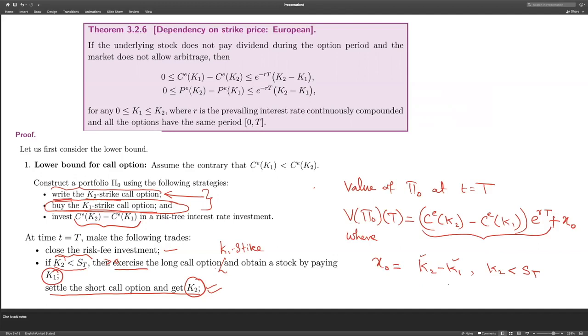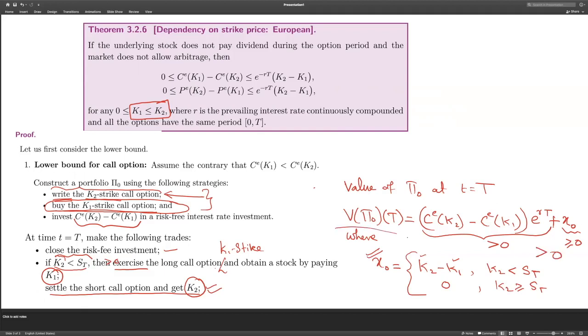Therefore, just to prove that it is an arbitrage portfolio, you simply don't need to do anything when K2 is greater than or equal to ST. Since K2 is greater than or equal to K1 by our hypothesis, X naught is greater than or equal to 0. So the first term is strictly greater than 0 and X naught is greater than or equal to 0. Together, the entire thing is strictly greater than 0.